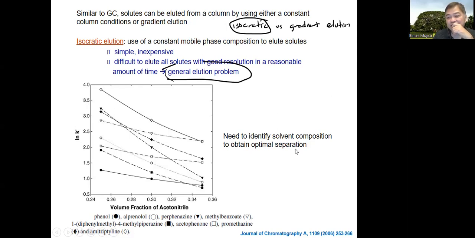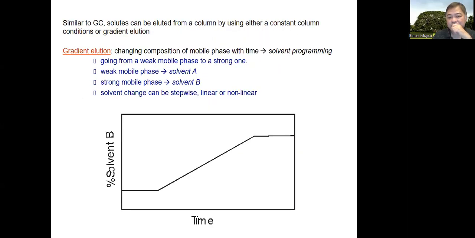And it's so hard in isocratic because you just have the same composition all throughout. Now, unlike the isocratic, the gradient elution, on the other hand, changes composition all throughout. Now in GC, you can also have isocratic and gradient elution.